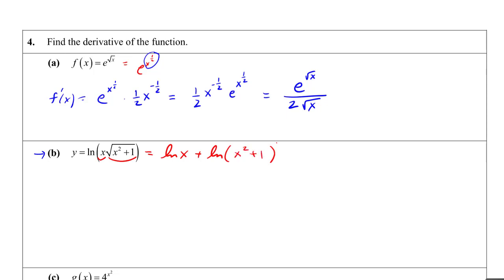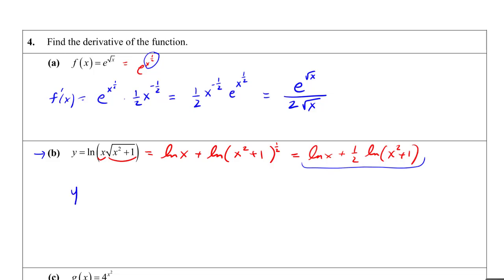So ln of x squared plus 1 to the 1/2 power. Because then I see that I have ln of something to a power, which means I could write that second part as 1/2 times ln of x squared plus 1. And now I have a much nicer form of this for derivative taking.